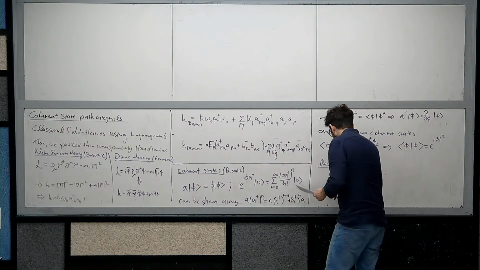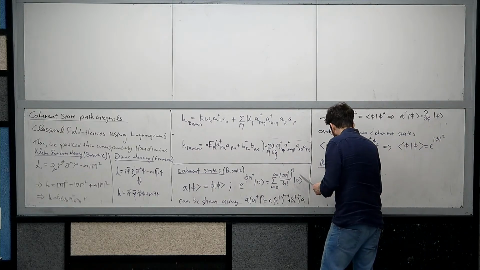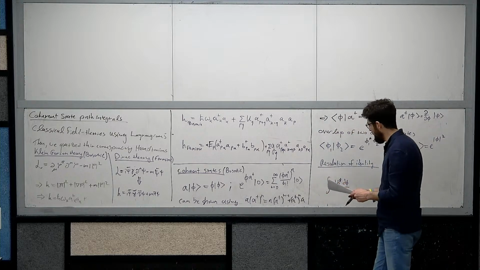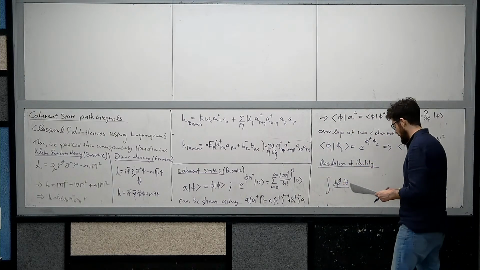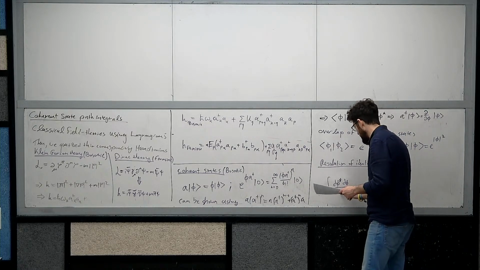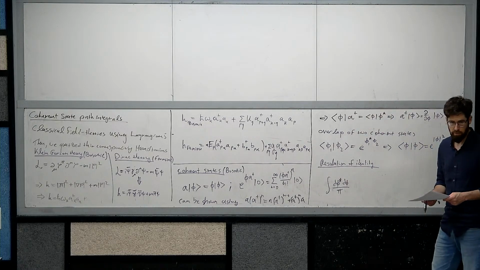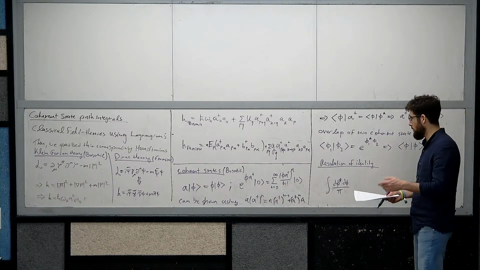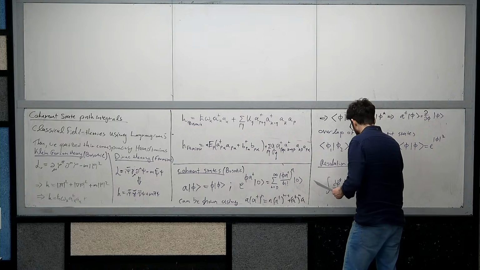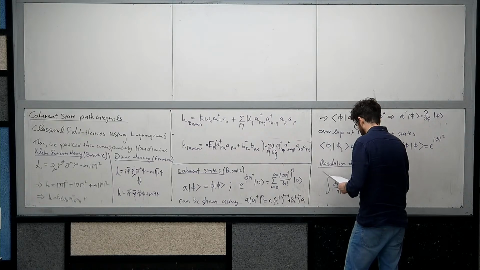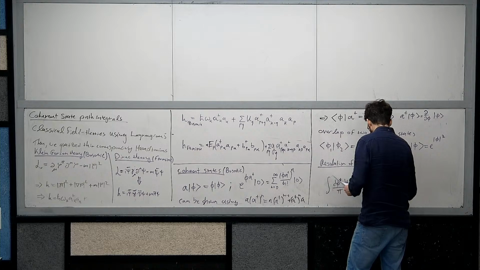And then we define the following thing: an integral of d phi star d phi. Here we're treating phi star and phi as two orthogonal variables, like you could think about this like a two-dimensional integral, like dx dy, at e to the minus phi squared, phi.